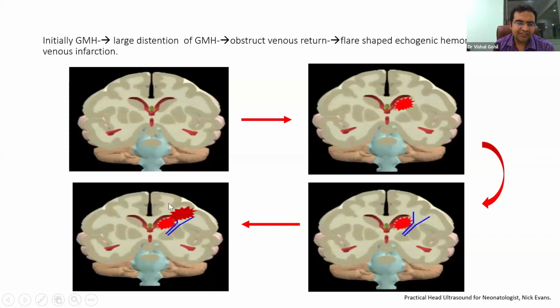So it is not necessary that grade 1 is followed by grade 2, then 3, then 4. Sometimes even a grade 1 IVH is sufficient to create a grade 4 IVH. It is not necessary that it follows the sequence.